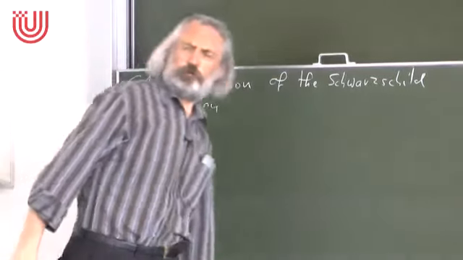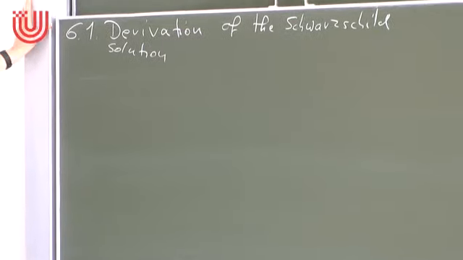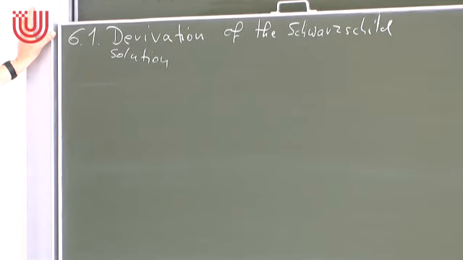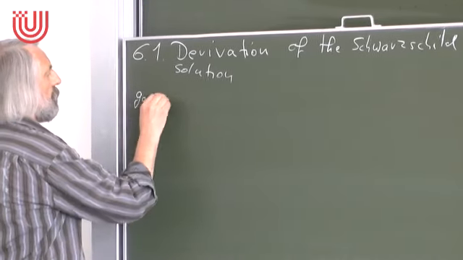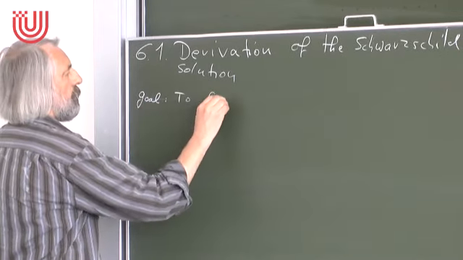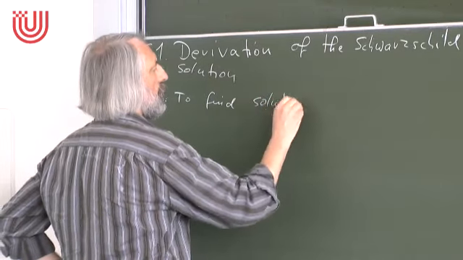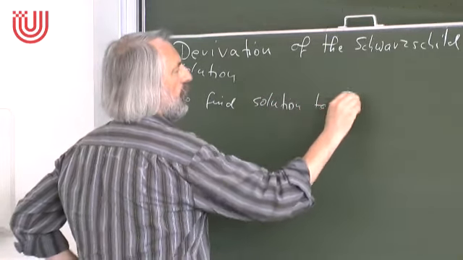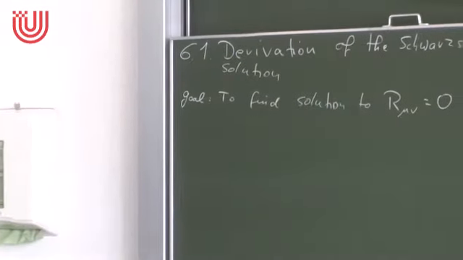So this is a solution of what? It's a solution of Einstein's field equation, more precisely of Einstein's vacuum field equation without a cosmological constant. So our goal is to find a solution to this equation, Ricci is 0.